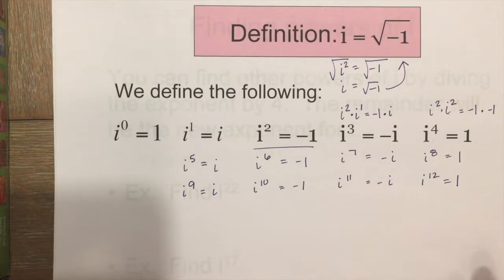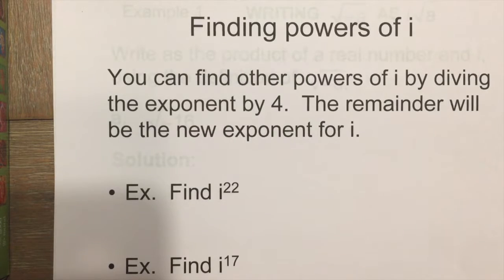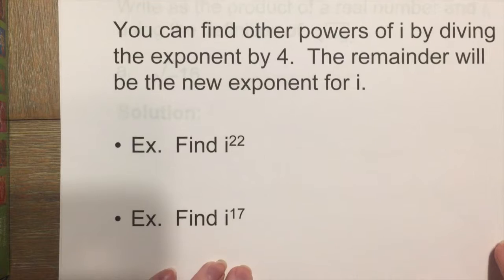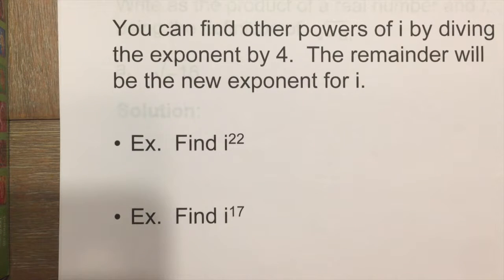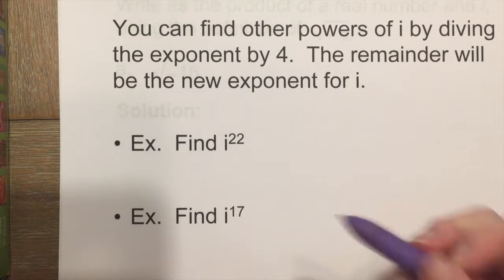So this is a pattern that we're noticing is being created, a pattern by 4s. It's a cycle. So this is how we can figure out powers of i. We can use the fact that it goes in this pattern by 4s. So sometimes you want to figure out i to an exponent that's larger. You don't want to start breaking that down into smaller values of i to another exponent.